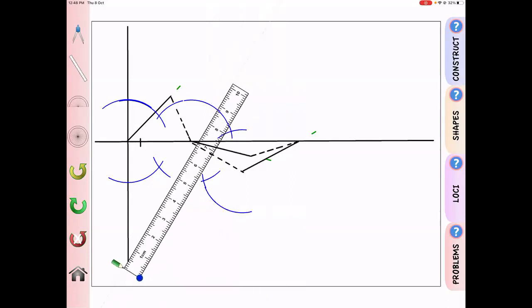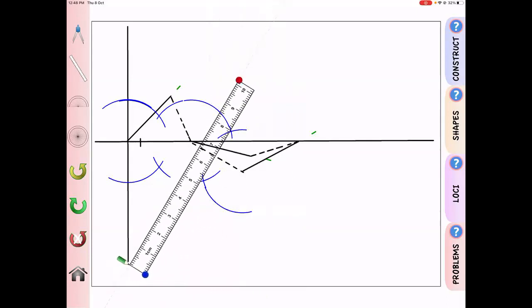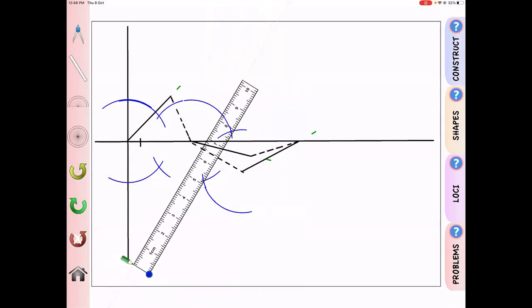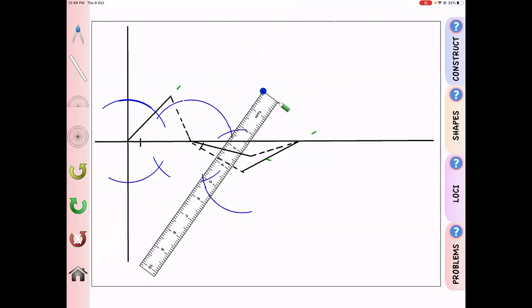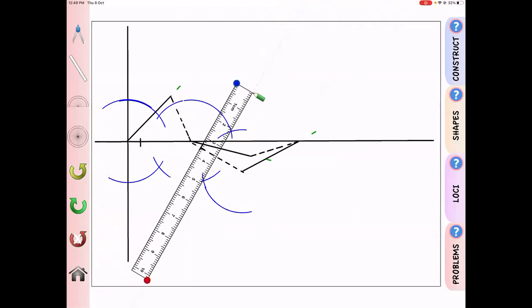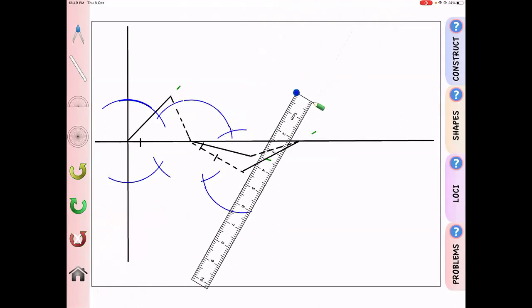So approximately this is the, no, I need to put the scale here. This is the midpoint. Okay.